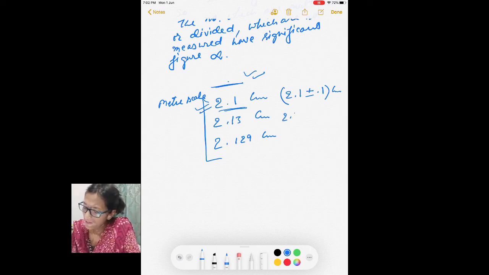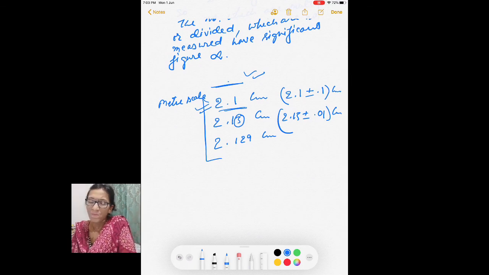This result must be written with plus minus, because the error will be in the rightmost digit, and there is only one doubtful digit. So you must add and subtract 0.01 to get the scientific way of writing the result, and this is done by vernier calipers.